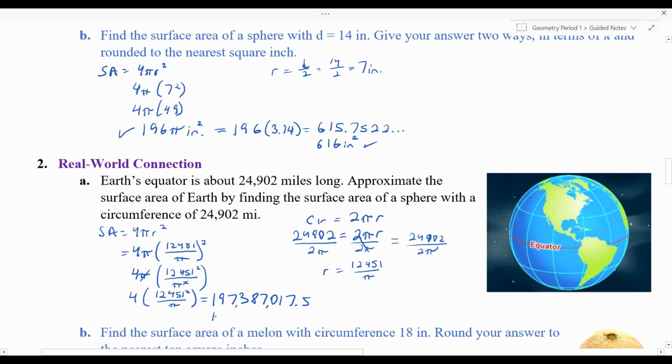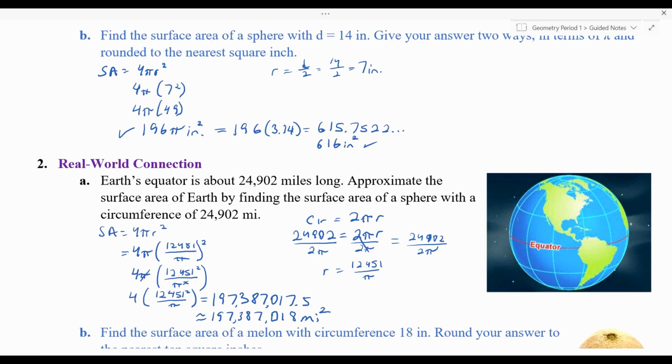So this will be approximately equal to 197,387,018. And now my units are in miles, but we're dealing with surface area. So the surface area is going to be units squared, so we're dealing with squared miles. And there we have our answer for this problem.